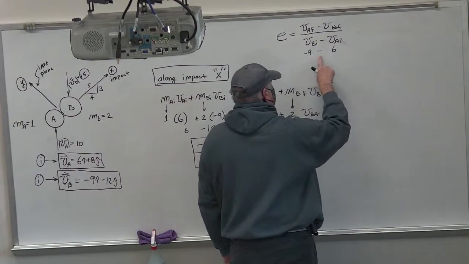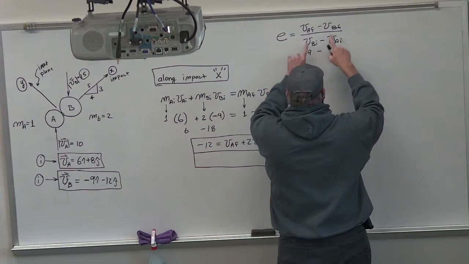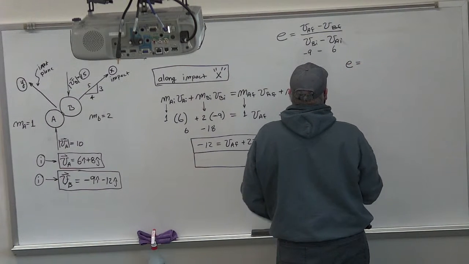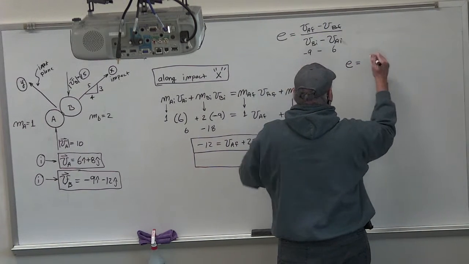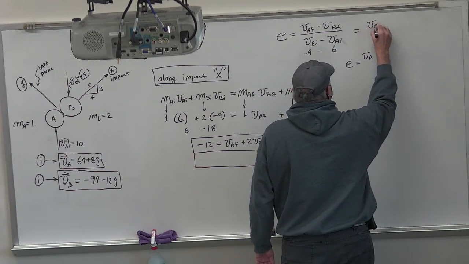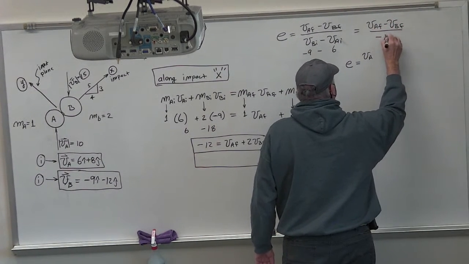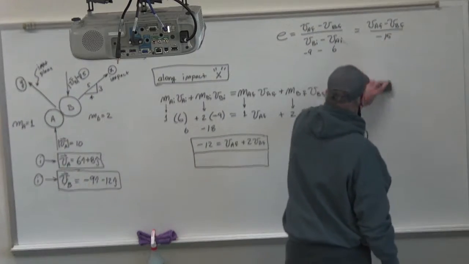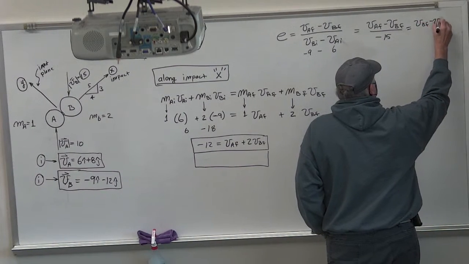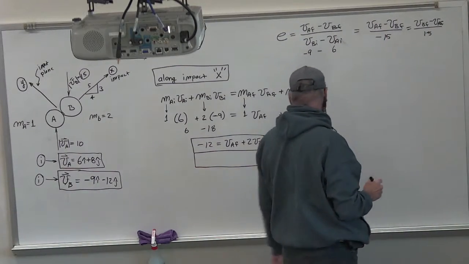So this goes together with that to give you 15, but it's both minus. So what I'm going to do is write this like this. Take the minus up, swap values.